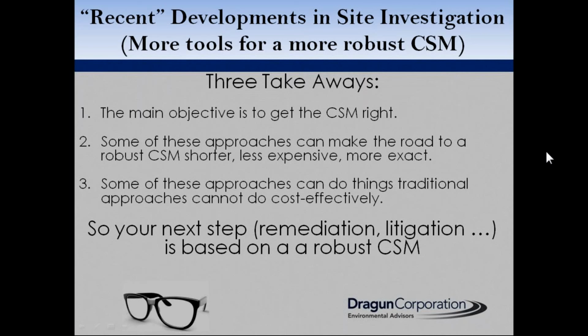Some of the approaches we've talked about can do things that traditional approaches cannot do cost effectively, like the tritium dating and the oxygen 18 dating and some of the gases and isotope work. You just can't do that with standard techniques.